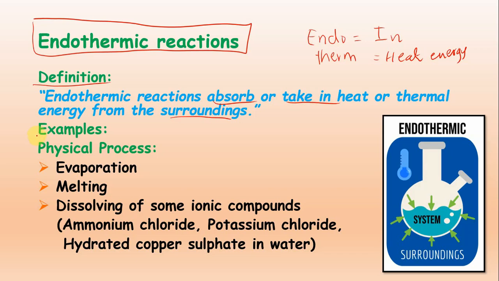Now look at the examples. Similarly, as I told you in the exothermic reactions, there are physical processes: evaporation, melting, and, this is very important, dissolving of some ionic compounds, like ammonium chloride, which is an ionic compound, potassium chloride, and hydrated copper sulfate in water.